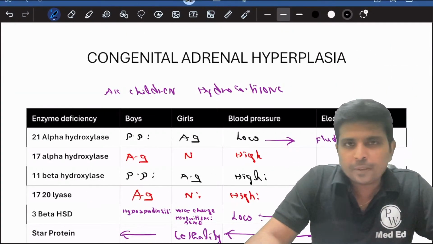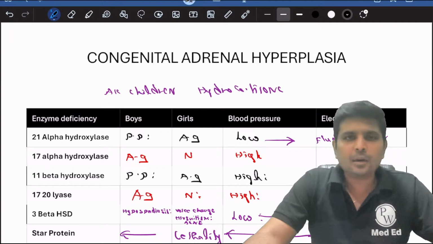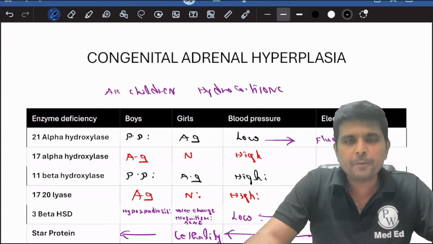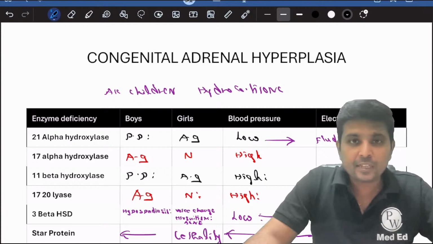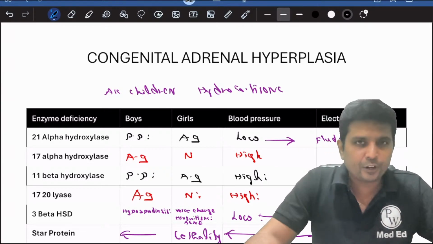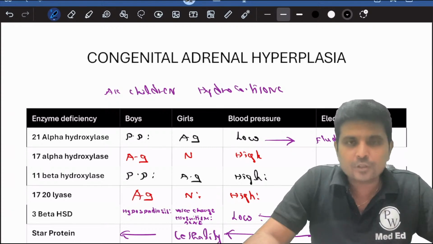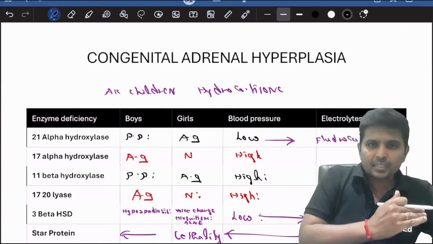Remember, whenever any child is having atypical genitalia, what is the approach? The answer is very, very simple. You need to remember the aldosterone synthesis pathway, which involves 21 alpha hydroxylase and 11 beta hydroxylase. In 21 alpha hydroxylase and 11 beta hydroxylase deficiency, what will happen? The cortisol is not formed.